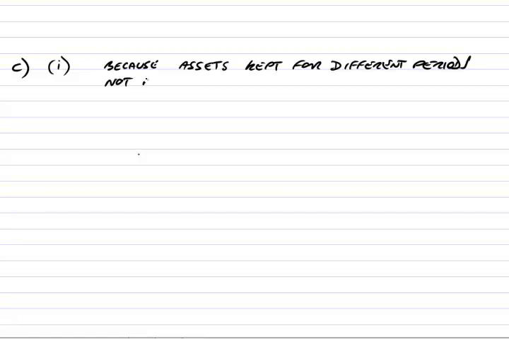But what would be quite sufficient for the exam is this, that because assets are kept for different lengths of time, kept for different periods, it's not possible to compare the net present values directly.